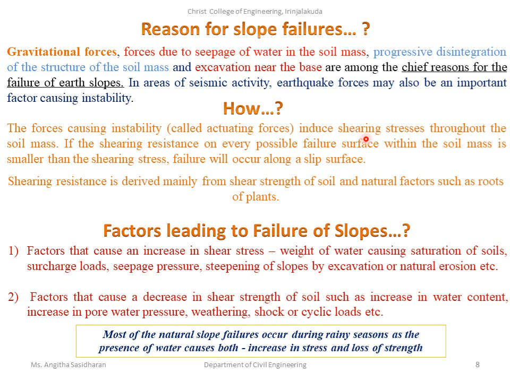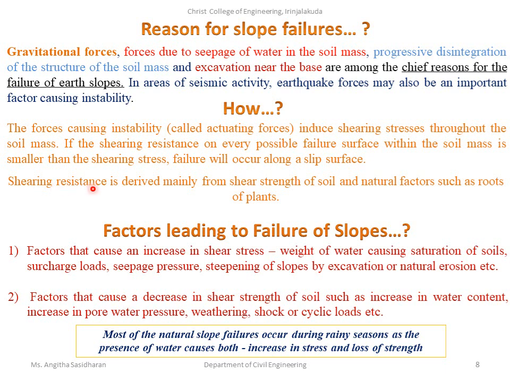It will be trying to resist the deformation, or the slope failure. So there will be some stress induced throughout the soil mass, and if the shearing resistance is very small compared to the shearing force that is occurring, failure will occur along the slip surface.